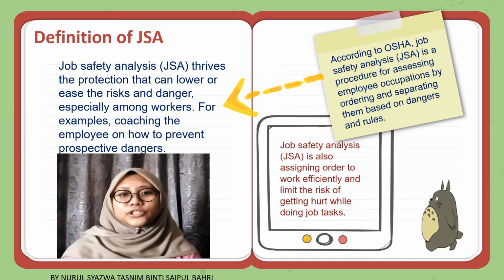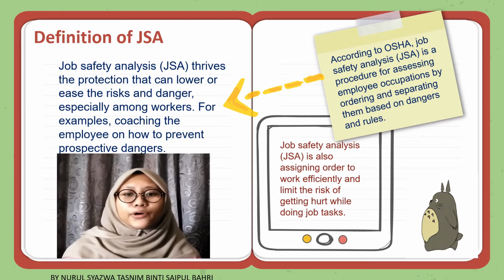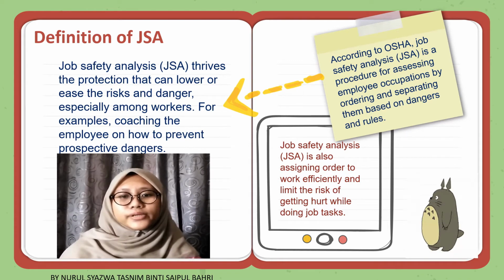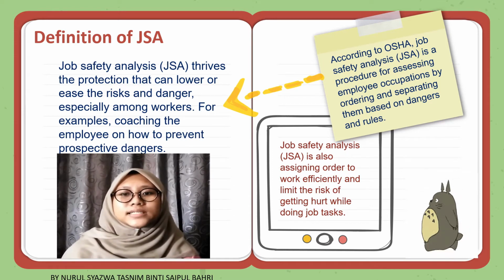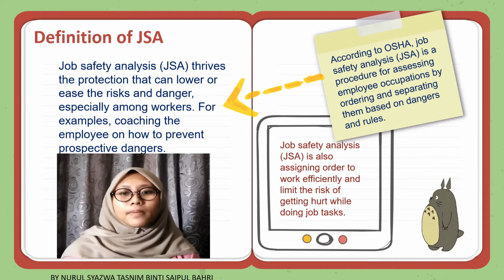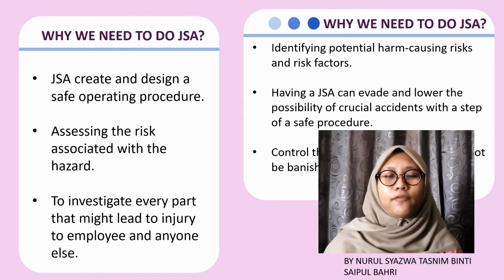Job safety analysis, or JSA, tries to provide protection that can lower or ease the risk and danger, especially among workers. It is also assigning order to work efficiently and limit the risk of getting hurt while doing job tasks. According to OSHA, job safety analysis is a procedure for assessing employee occupations by ordering and separating them based on dangers and rules. JSA creates and designs a safe operating procedure.